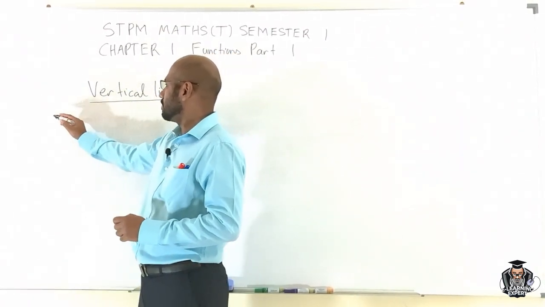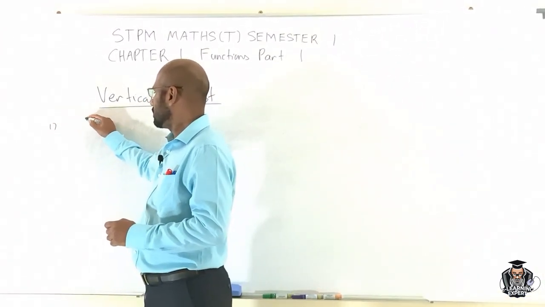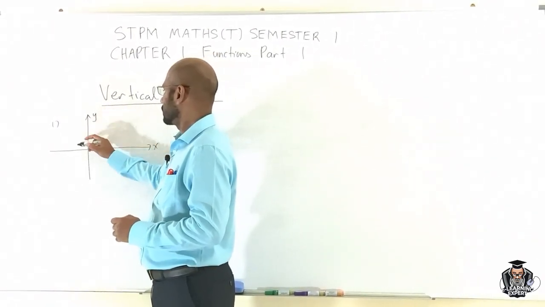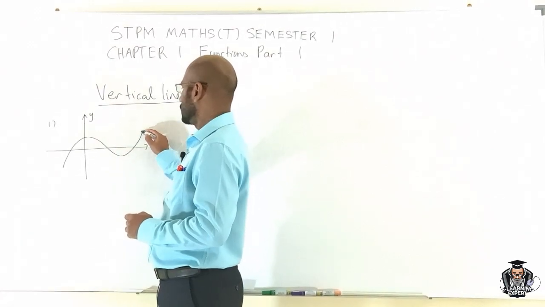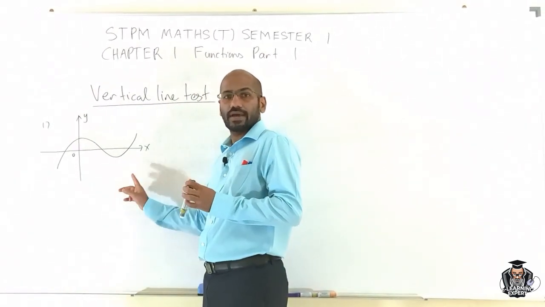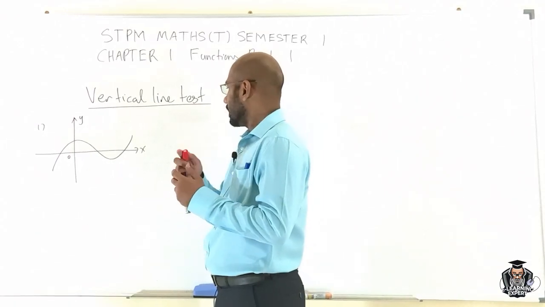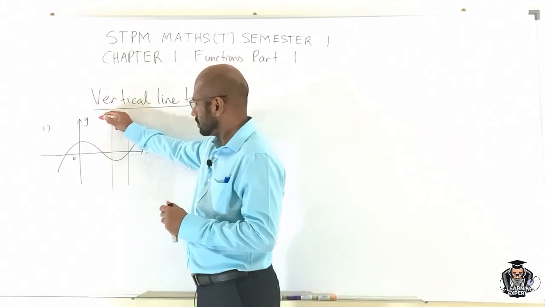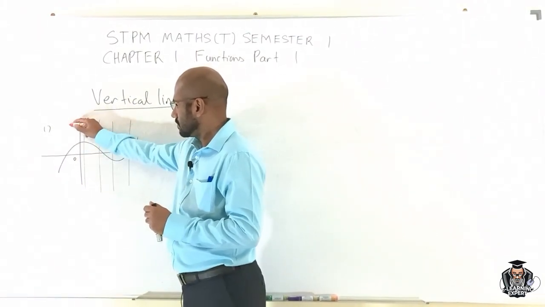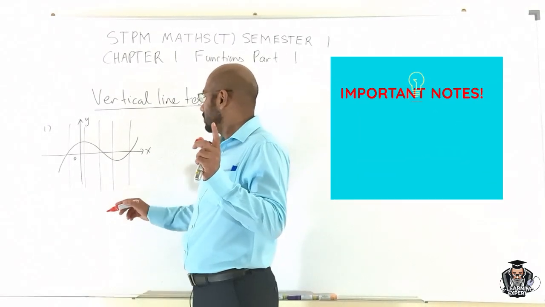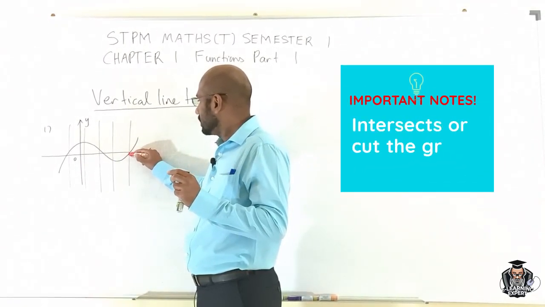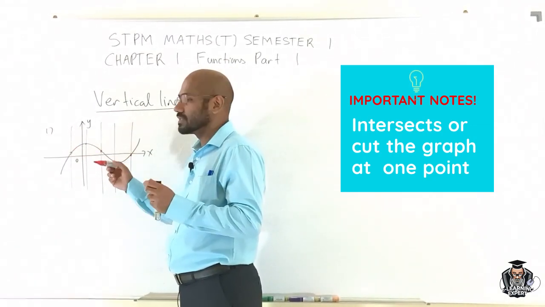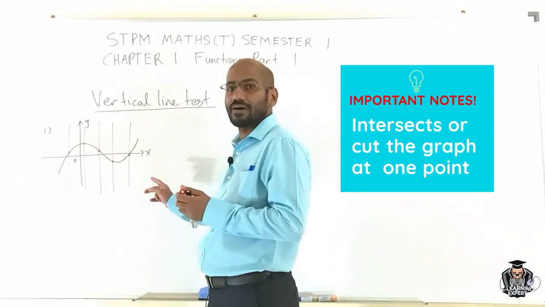So let us start with a graph, just a simple cubic looking graph over here. So we have got a smooth curve here, and anywhere on this given graph, if I were to draw a vertical line, and the line intersects or cuts the graph only at one point, this passes to be a function.